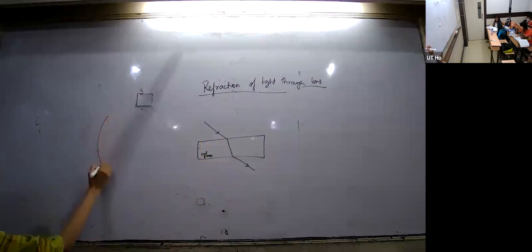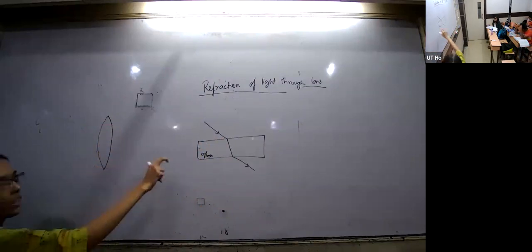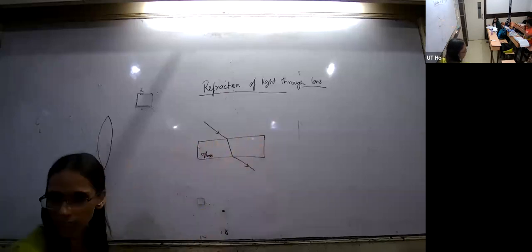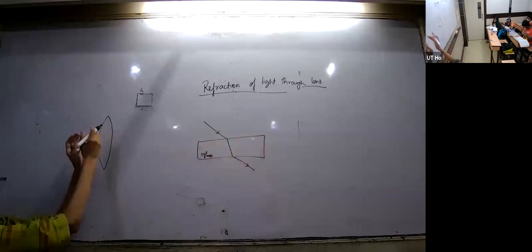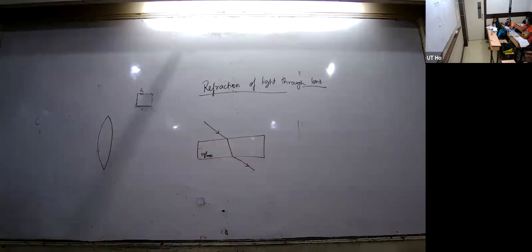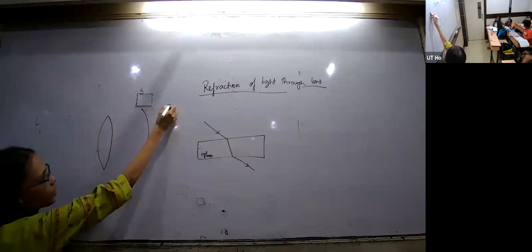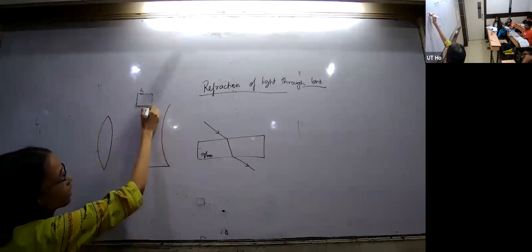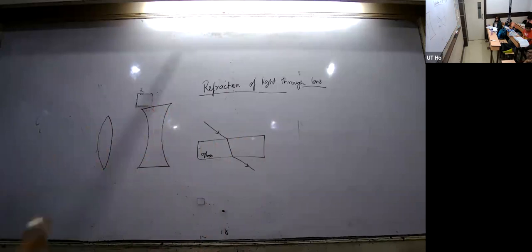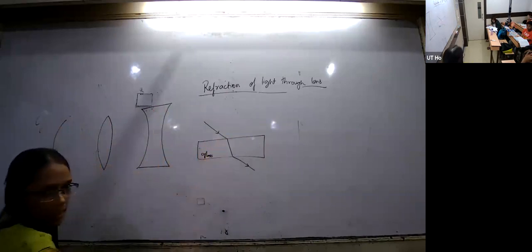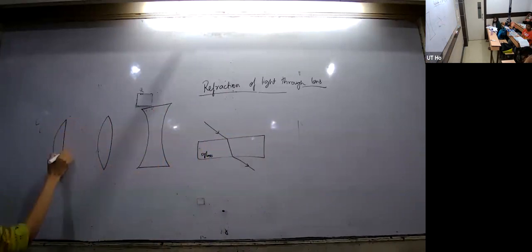And what is the difference that we see? Instead of taking straight plane surfaces, we will now take curved surfaces. And curved surface shapes can be anything. I can take a medium where both the surfaces are curved and both are bulging outward, or I can take a surface where both are curved inward, or I can take a surface where one side is bulging outwards but the other one is plain straight like this.